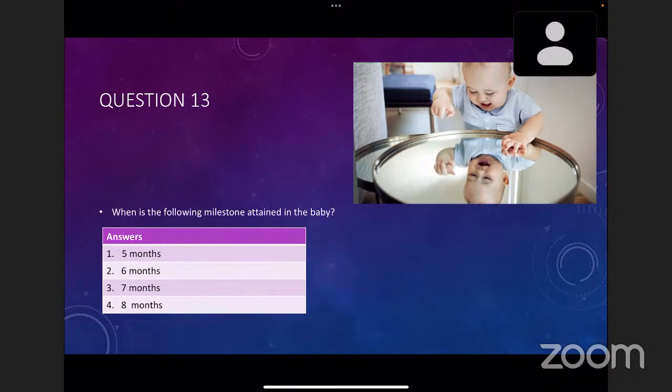Which of the following milestones is attained in the baby here? This is known as mirror play. This is one of the important milestones where the child recognizes himself or herself as a person, and thinks they also exist in this world.